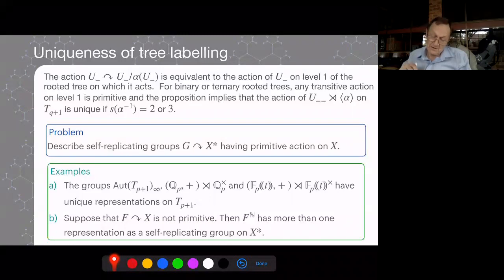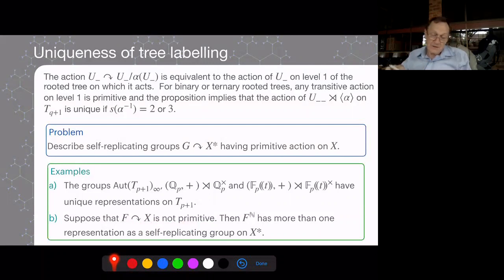And I think it's of interest to determine just when self-replicating groups do have a primitive action. And in the case where they're not primitive, there might be some way to factor the self-replicating groups in a similar way to that in which finite permutation groups are factored into primitive representations.